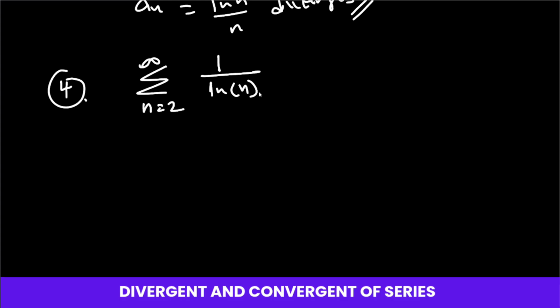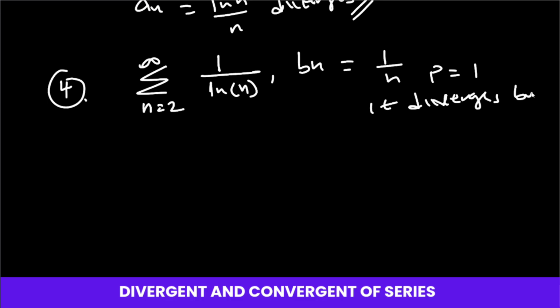Here I'm going to pick 1 over the highest power of n, so we can see our Bn is equal to 1 over n. And since p is equal to 1, it diverges by the p test.